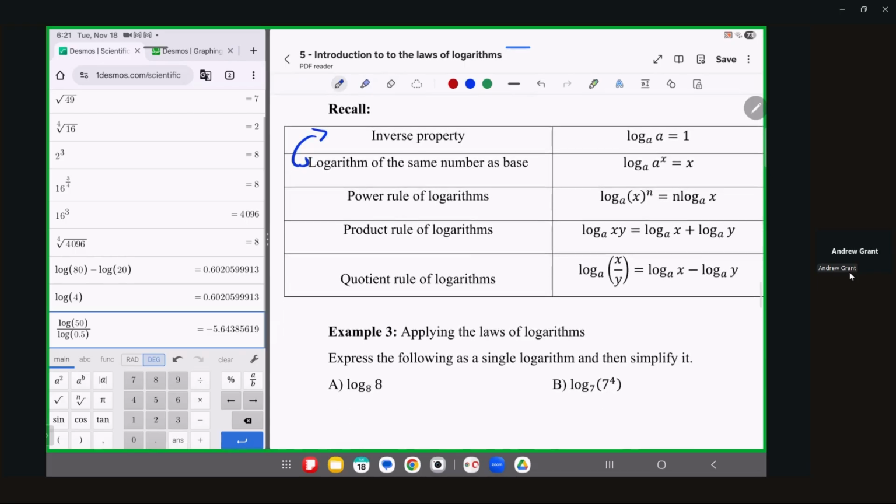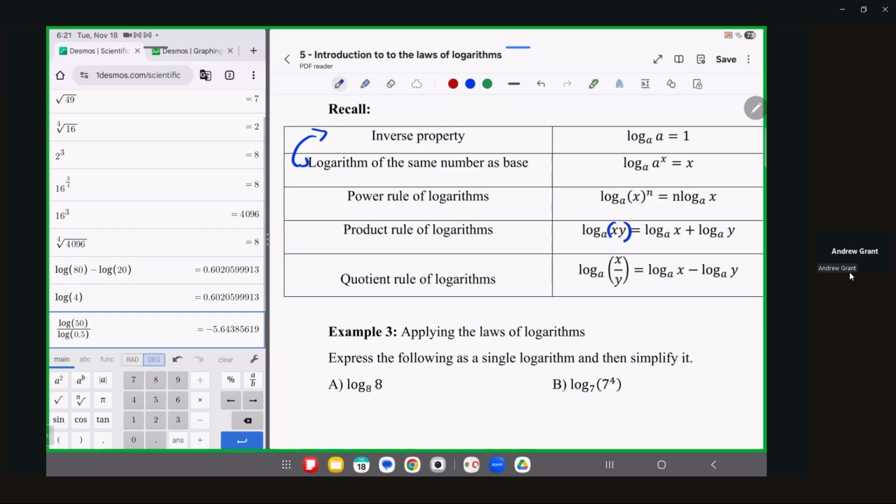The power rule of logarithms, log base a of x to the n is equal to n log base a of x. The product law says log base a of x times y is equal to log base a of x plus log base a of y.